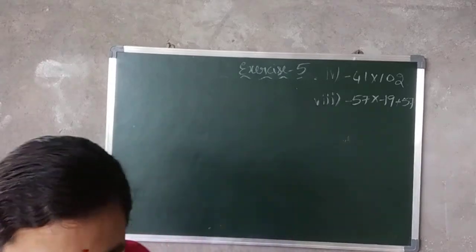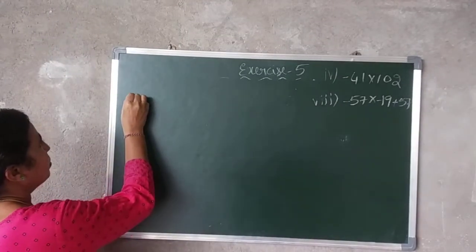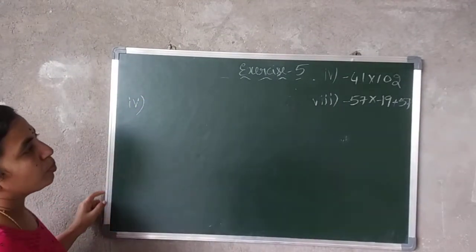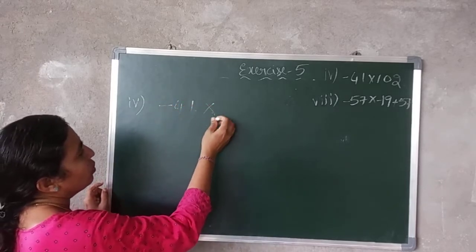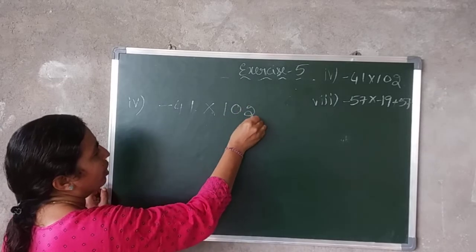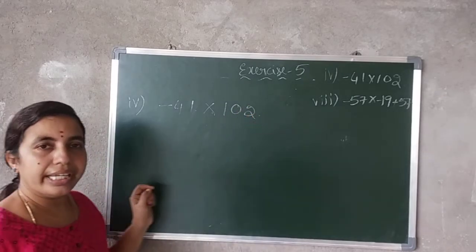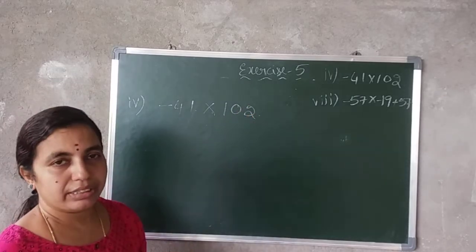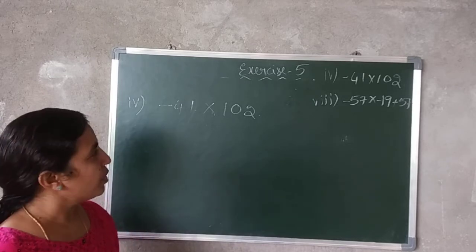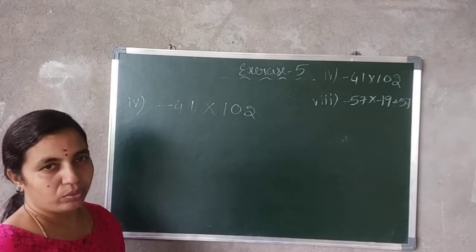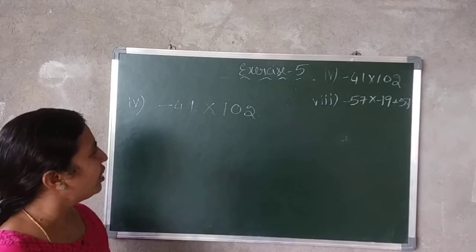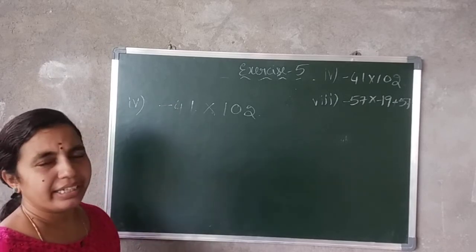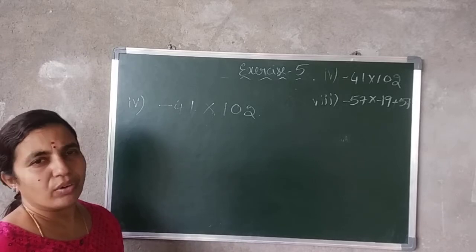Now, I'll go with the fourth problem. Fourth problem, what is that? Minus 41 into 102. Now, see, they have given 41 into 102. If you multiply directly, then also you will get the answer.